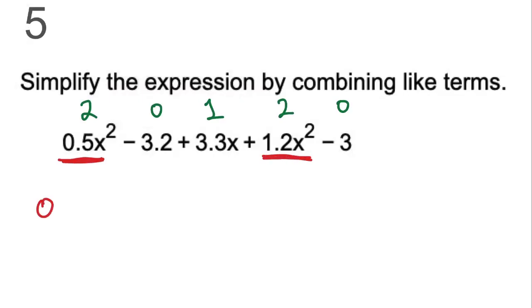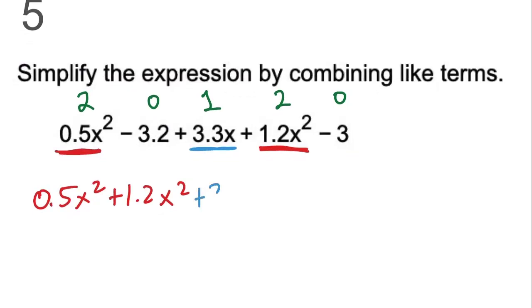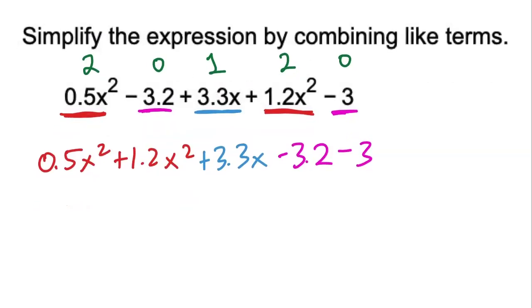So I'm gonna write 0.5x squared plus 1.2x squared. Then we have a degree of 1, no other degree of 1, so we're just gonna write that 3.3x. And then a degree of 0 is negative 3.2 and negative 3. So I wrote this in standard form, which will help me just to simplify and combine like terms.